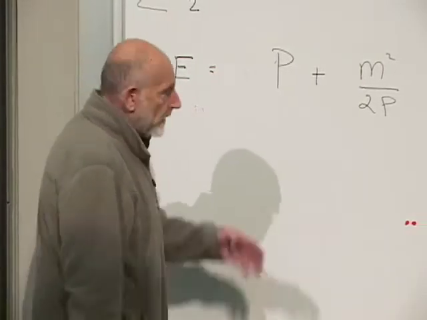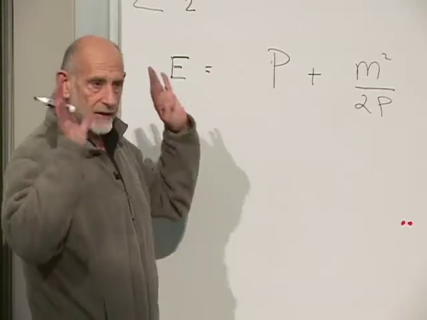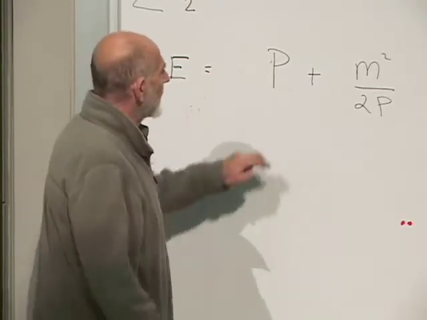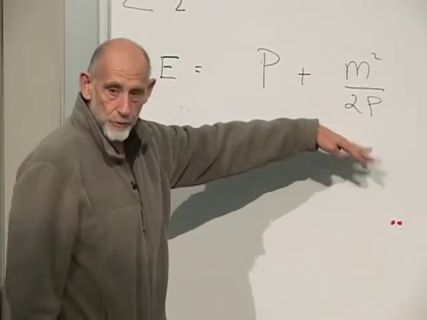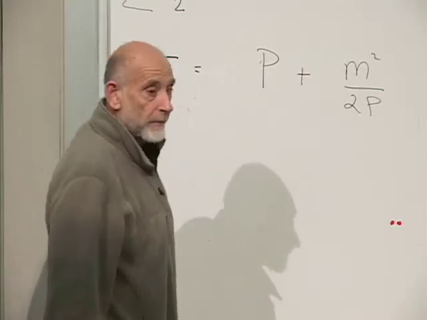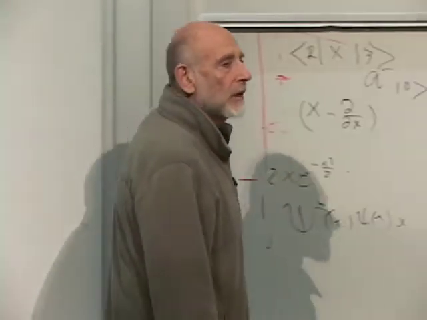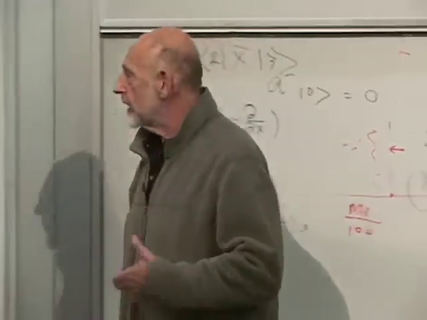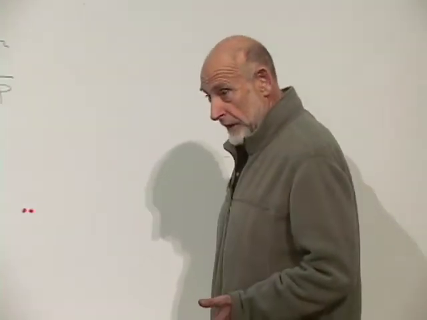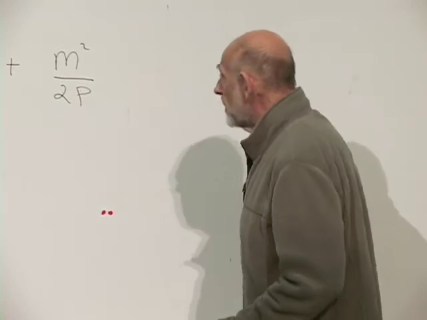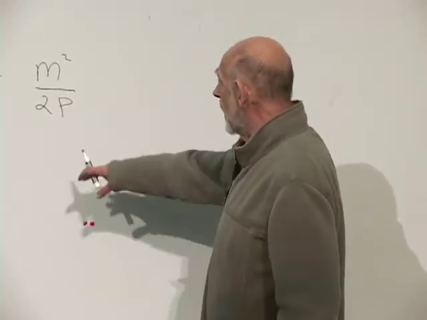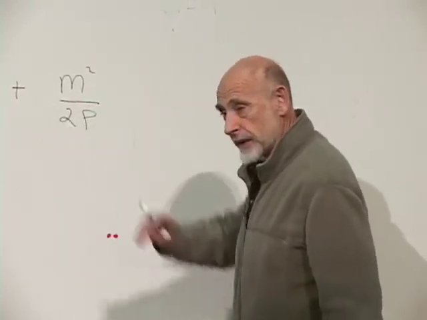And to make precise this idea of very rapid systems which become non-relativistic, you have to let p become extremely large. Basically, you have to take the limit of an infinitely large momentum. In the limit of infinitely large momentum, this is the form that the energy takes.